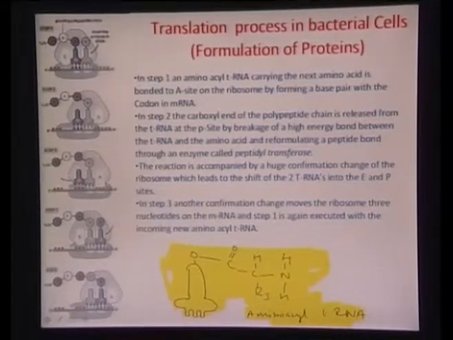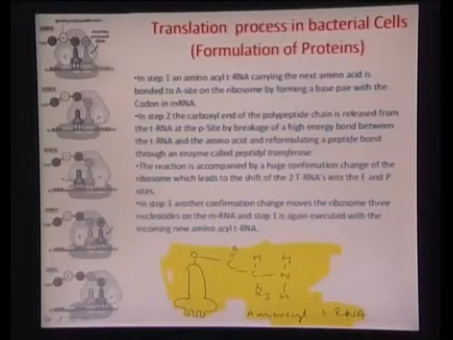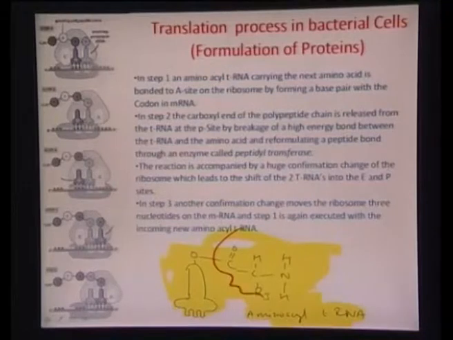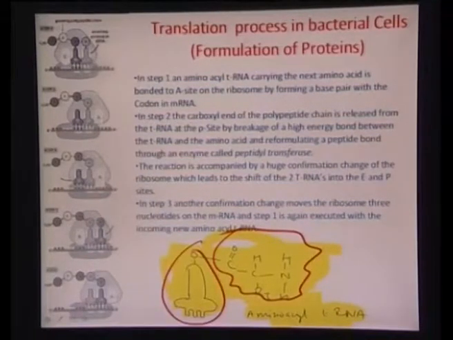I would like to illustrate here that there are about 20 different amino acids which are sequenced some way or the other through this amino acyl tRNA. Essentially, this is the protein part of it, the amino acyl group. Let me illustrate this a little more appropriately. This part is essentially the amino acyl group hooked on to this moiety here, which is a transfer RNA.